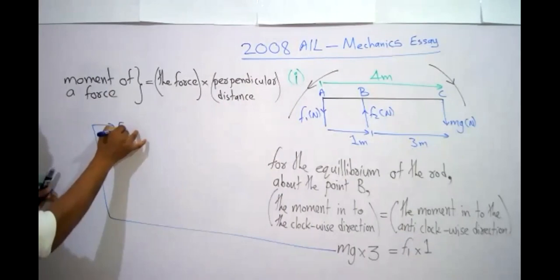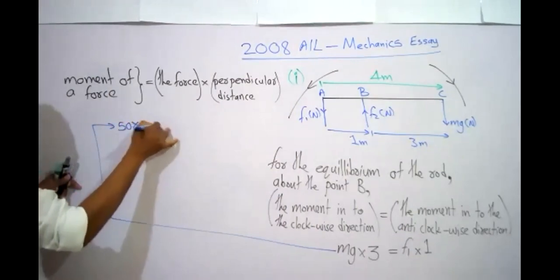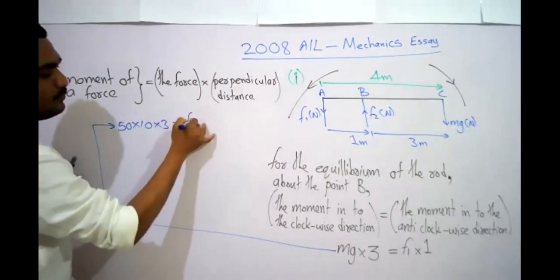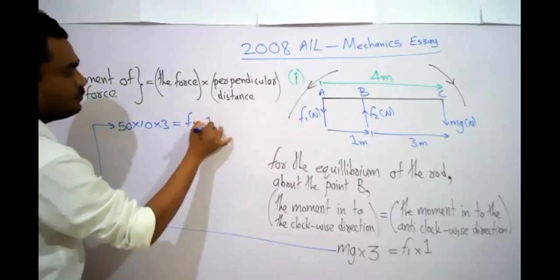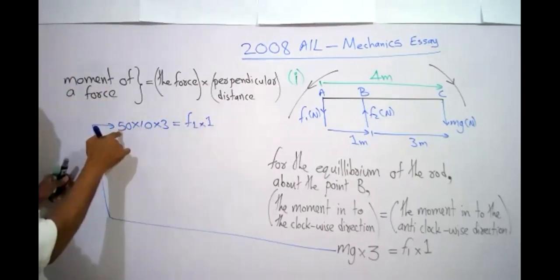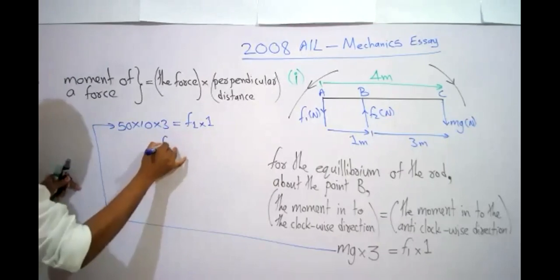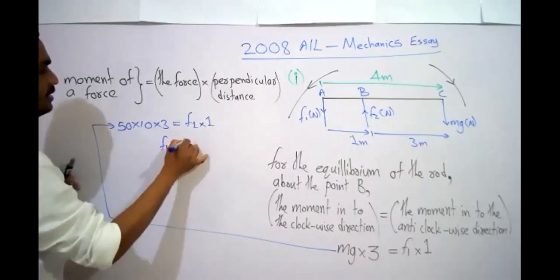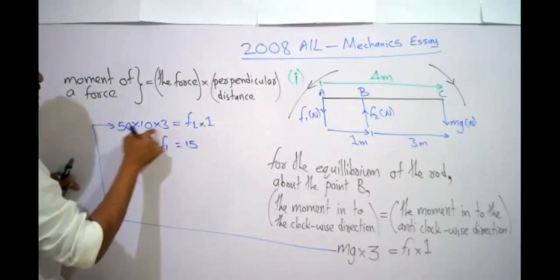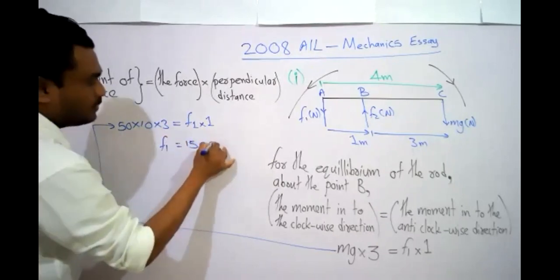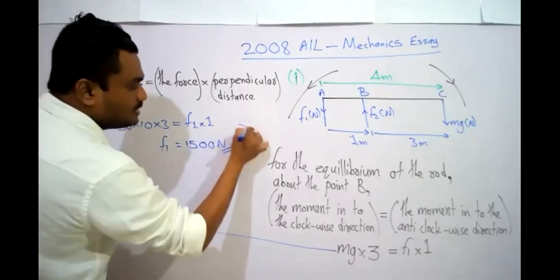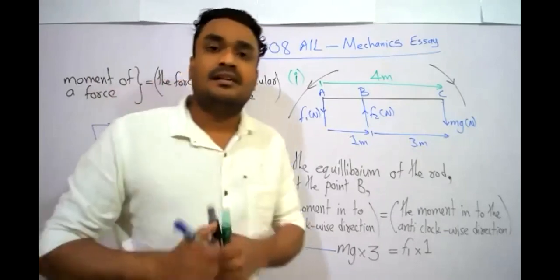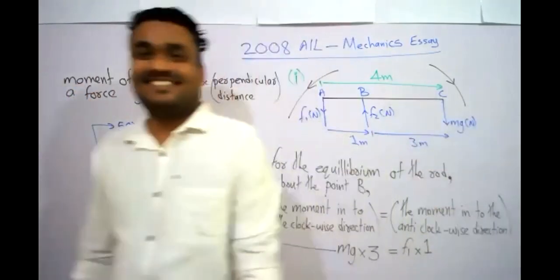M is given as 50, g is 10, into 3 equals F1 into 1. So 50 times 10 times 3 is 1500. So F1 is 1500. So this is how we find it. Write them all.